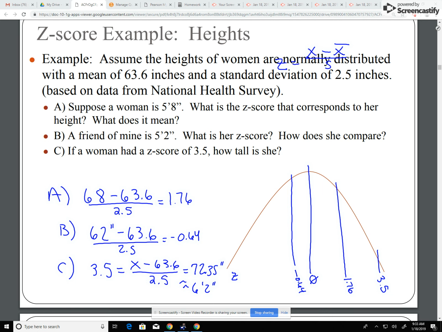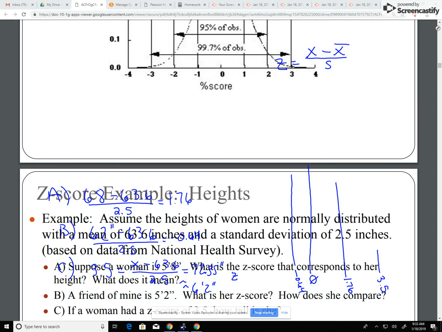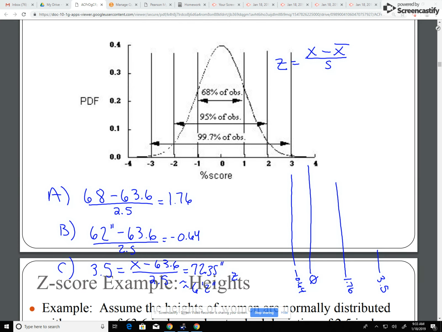Okay, bear with me, guys. If we look at this diagram, which I've shown you in previous videos, it shows what I'm talking about here. We had a z-score of 1.76, we had 3.5, and we had negative 0.64.